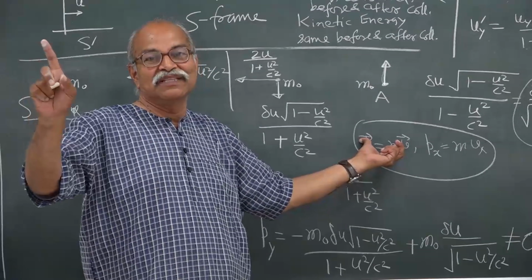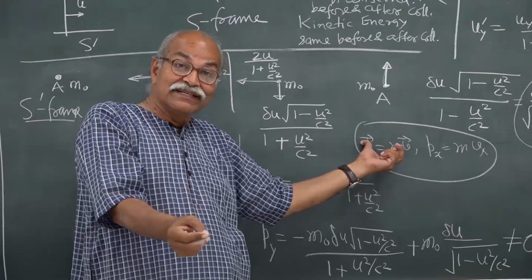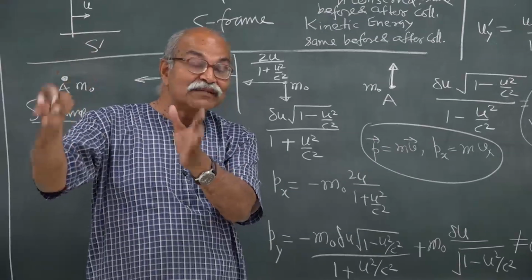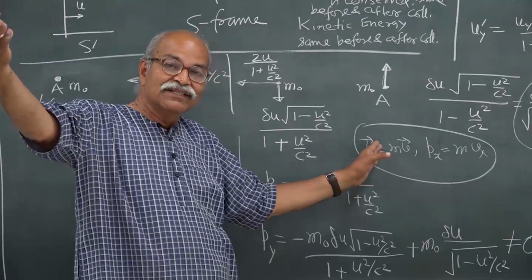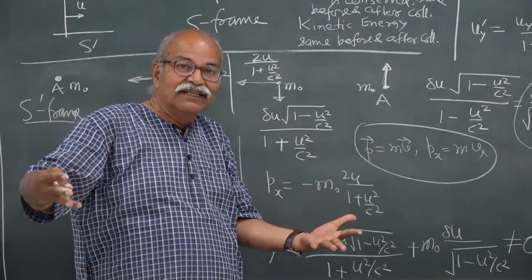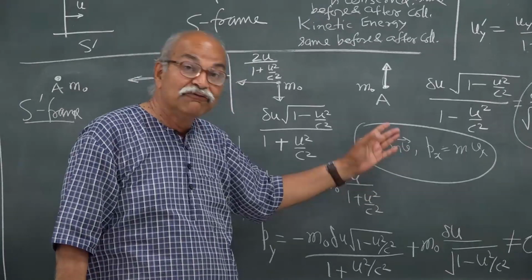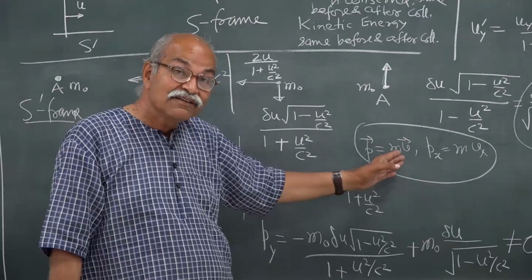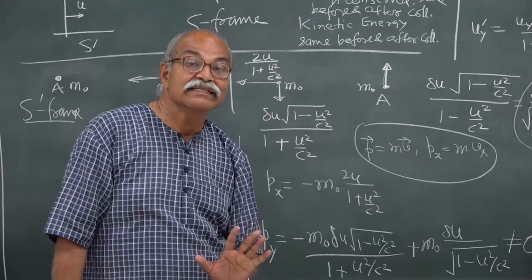We cannot do away with that. So at low velocities the linear momentum should reduce to this, but in general the linear momentum should have a slightly different expression, which should reduce to this when you go to the lower velocity limit.